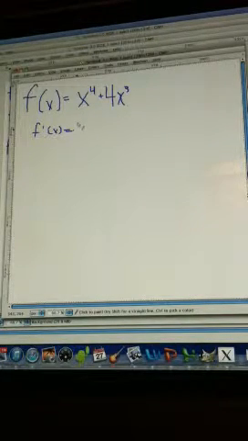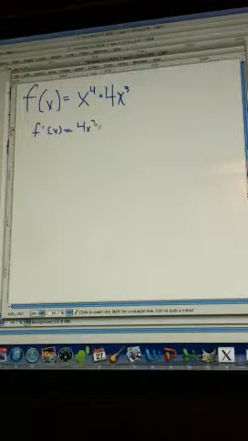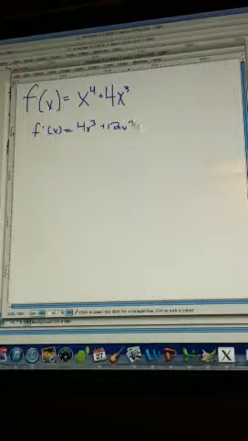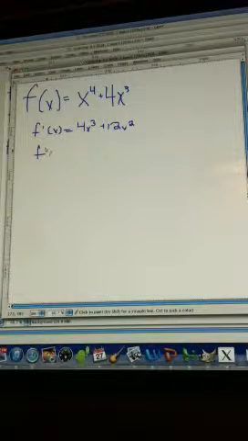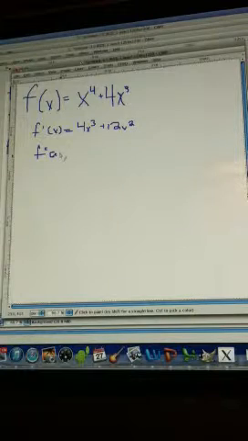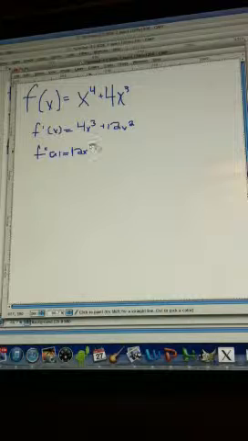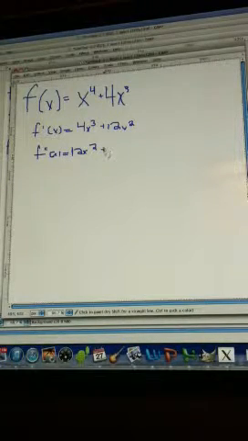The first derivative would be 4x cubed plus 12x squared, and the second derivative would be 12x squared plus 24x.